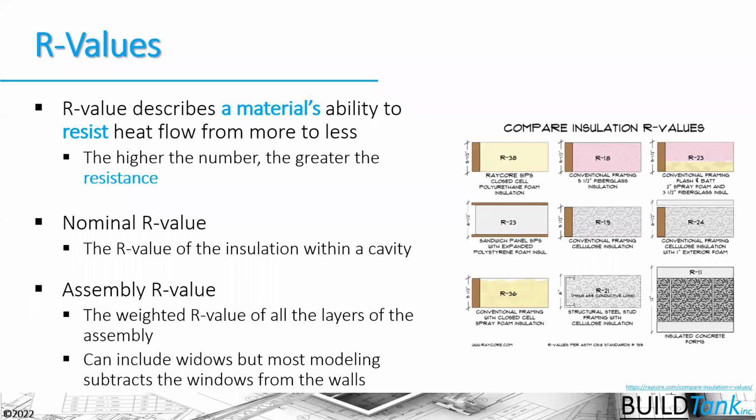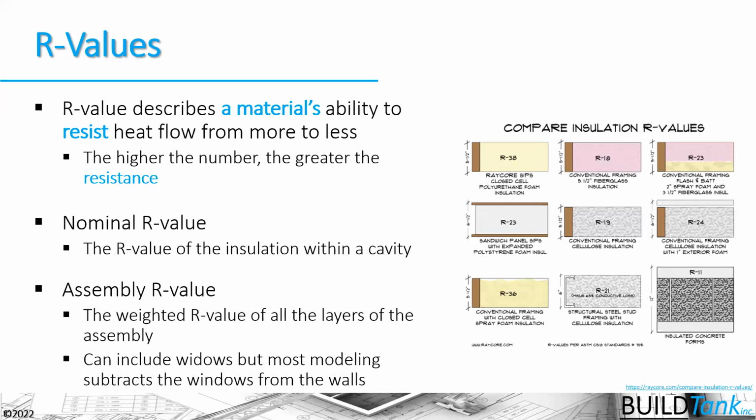That resistance correlates with the R value number. The higher the R value, the greater the resistance of energy, always from higher concentrations to lower concentrations. So in the wintertime, it's resisting energy flow from inside the house to outside the house. In summertime, it's resisting energy flow generally from outside to inside the house.